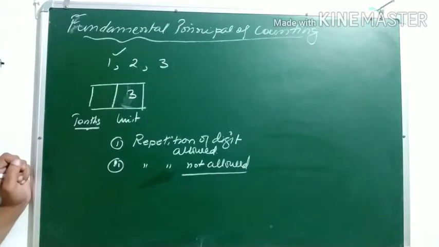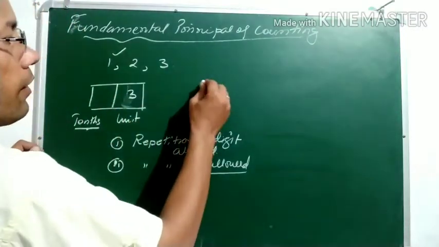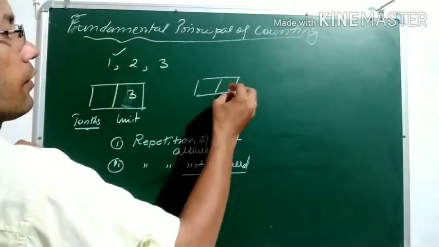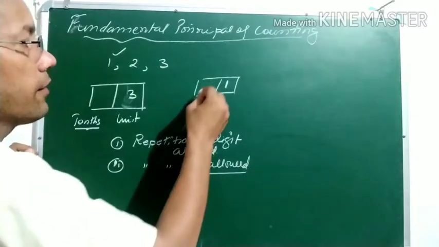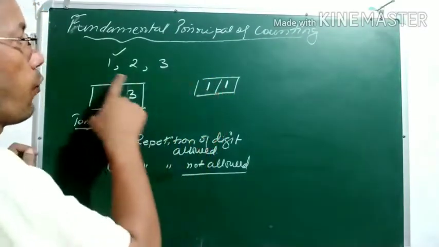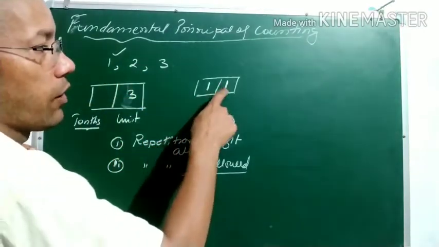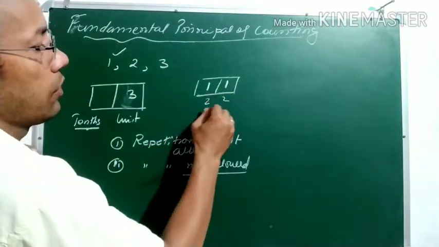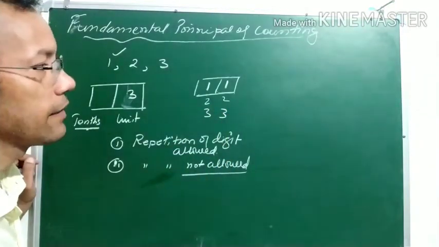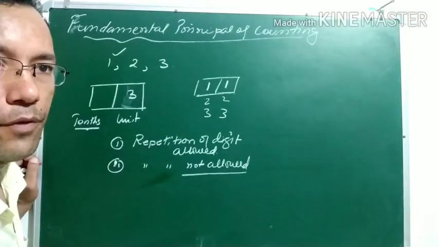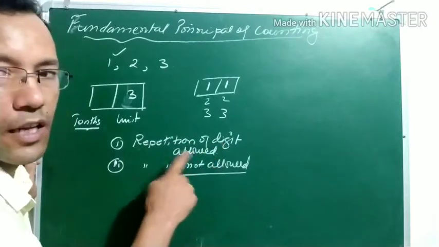Repetition allowed means, for example, if I write 1 here, I can write 1 again. With these 3 digits, 1 can be repeated: 11, 22, 33, where the digits are repeating. So if these are included, repetition of digits is allowed.